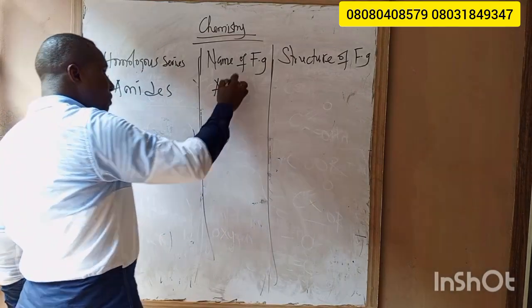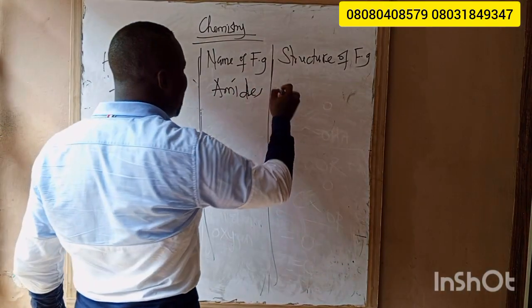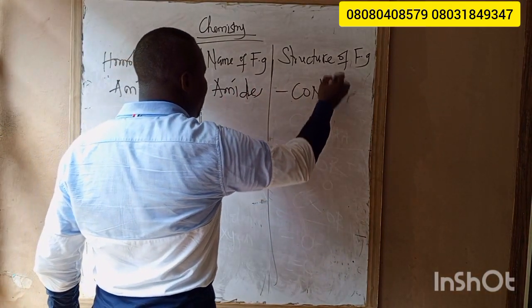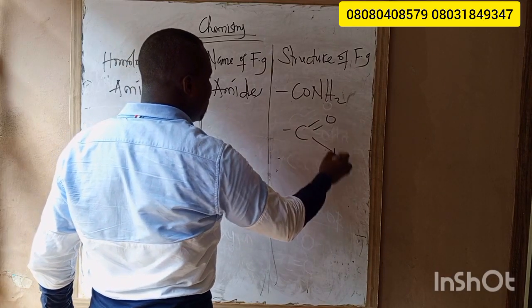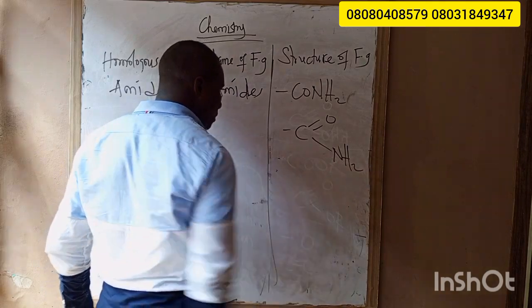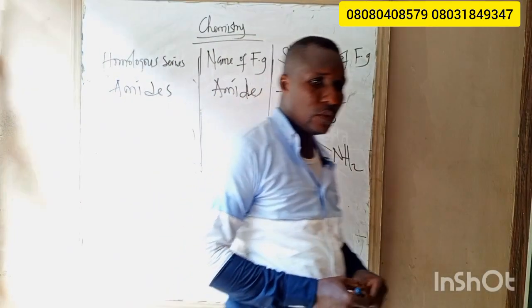Name of the functional group, we have CONH2, which can be drawn like this. Take note. We have that.